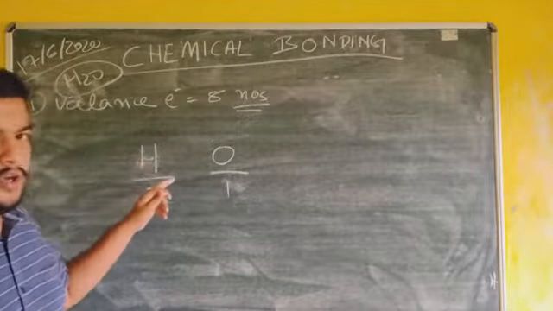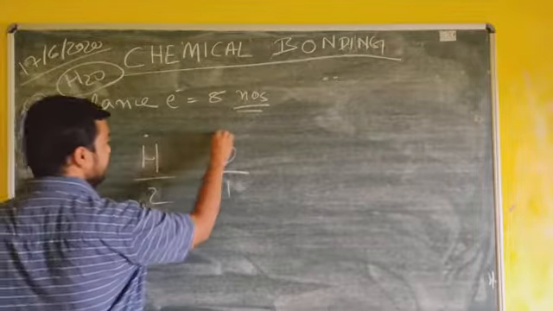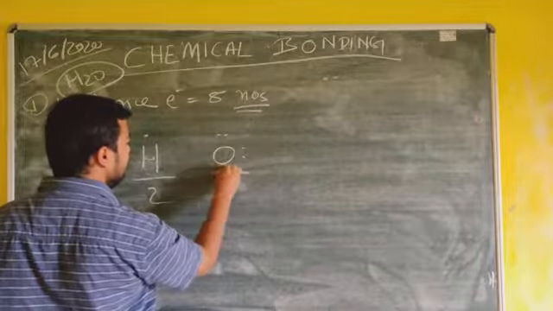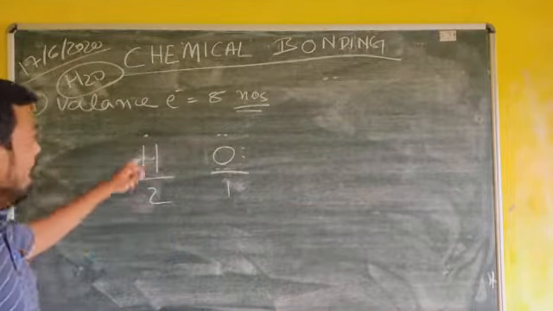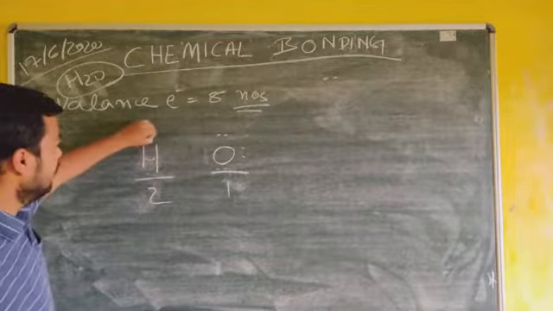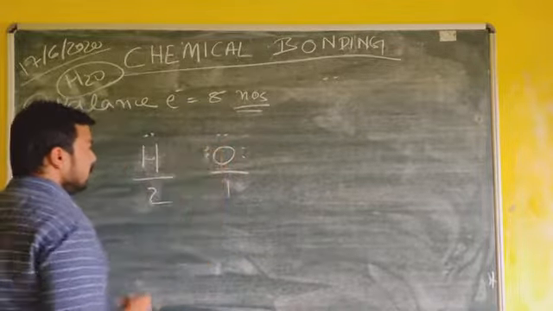So how many valence electrons are present in hydrogen? 1. In oxygen, that is 6. So to complete the octet, hydrogen needs 1 electron and oxygen needs 2 electrons.